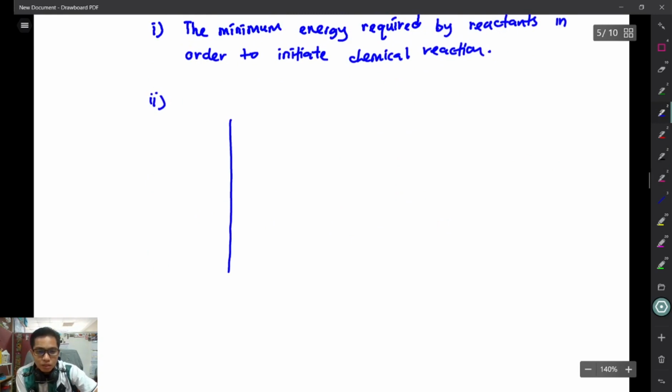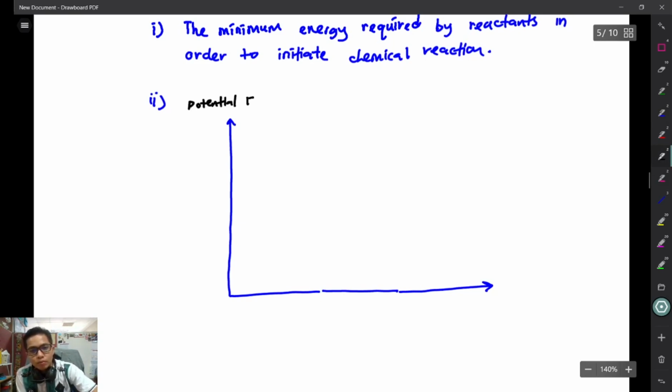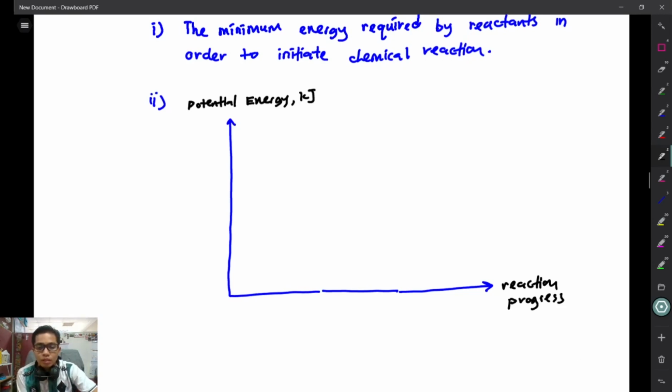Label, this is the Y-axis, and then this is the X-axis. Y we label as potential energy, unit in kilojoule. The X-axis is reaction progress. Then what happened?